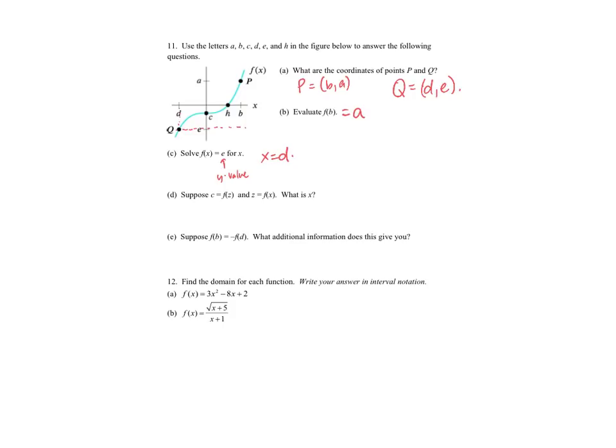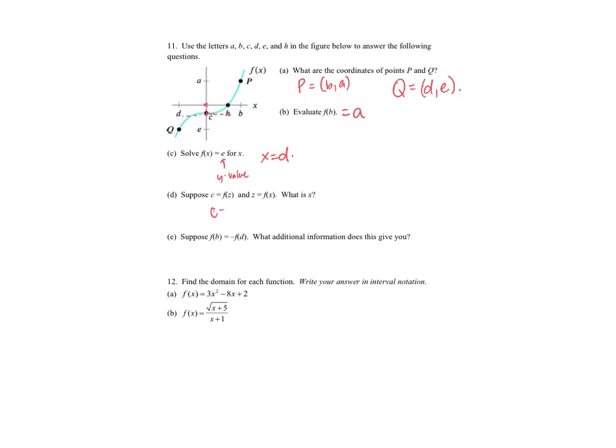The next one says, suppose C equals f of z and z equals f of x. What is x? Okay, so we don't know what z is right now, but we know it says C equals f of z. Well, what is C is here, this y value here. And it's f of, if I look at the x value that corresponds, we can see that z is 0.